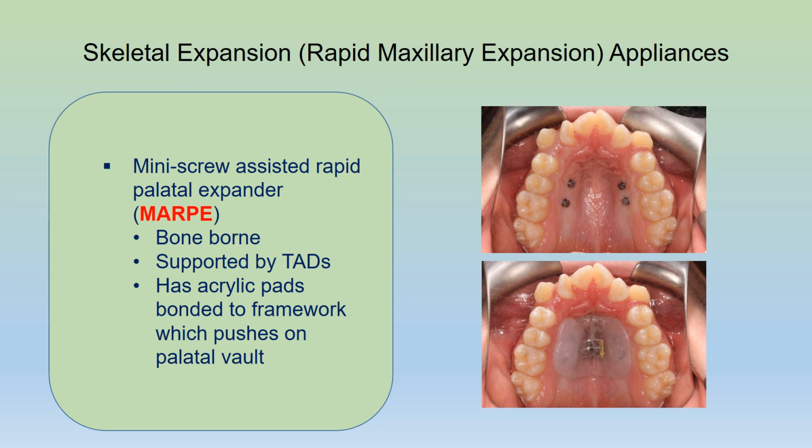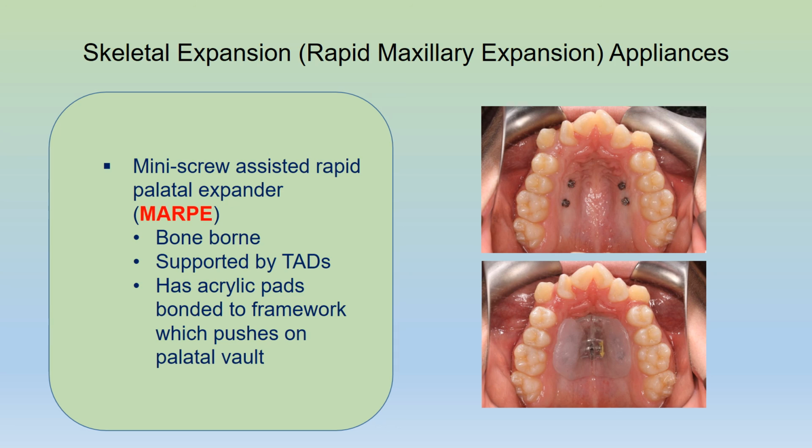Okay. Now we also have what is known as a mini-screw assisted rapid palatal expander, or known by its acronym MARPE. Now this is a bone-borne appliance. That means it is supported entirely by the bone.